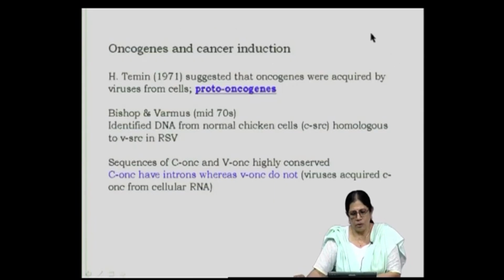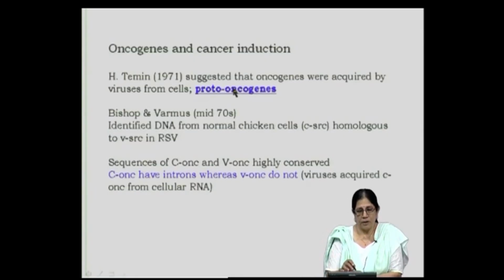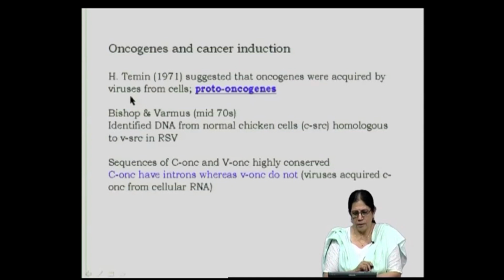Now, let us talk about oncogenes and cancer induction in respect of cancers other than Rous sarcoma virus. It was in 1971 that Temin suggested that oncogenes are acquired by the viruses from cells. So, those oncogenes, the v-src that I talked about, should have their partner in normal cells.